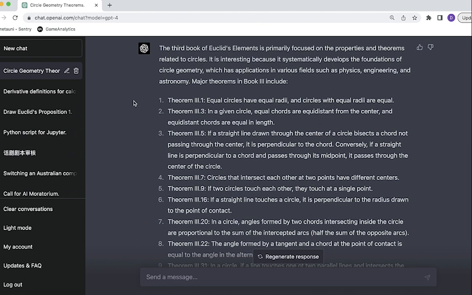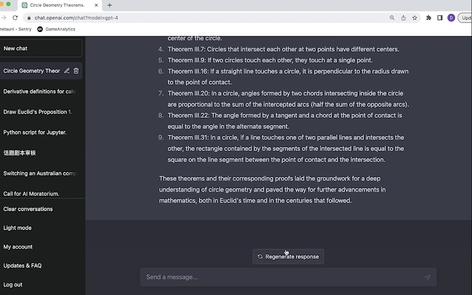When I played with 3.5, I kind of got bored because I thought the responses were a little bit shallow and wasn't engaging. But 4 is significantly better. I would imagine students would see the difference as well if they're trying to learn a topic.